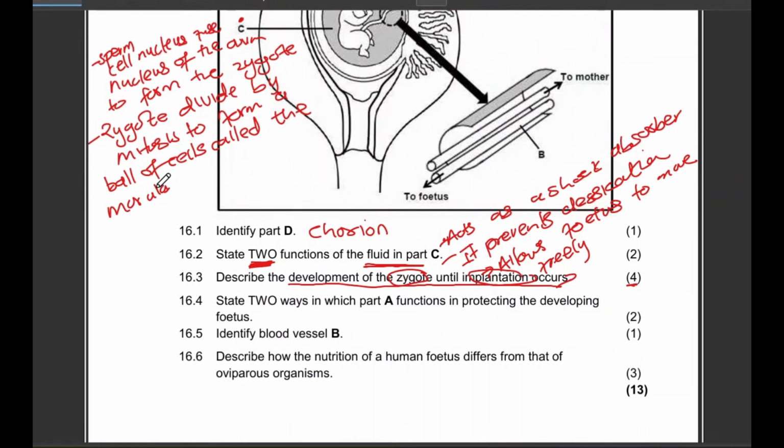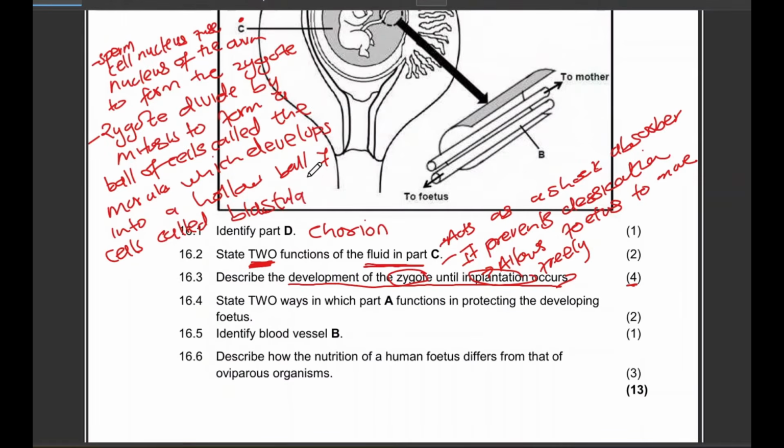And this morula will also continue to divide by mitosis to form the blastula. So we say morula, which develops into a hollow ball of cells called the blastula. You can say blastula or blastocyst, it is the same thing.